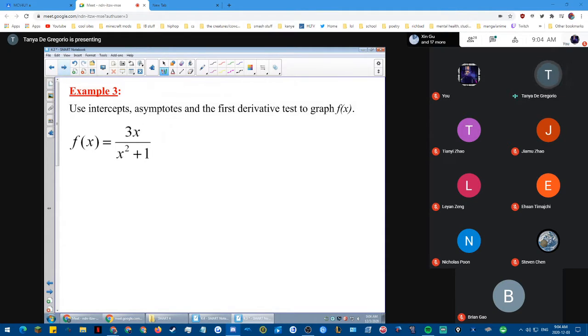Okay, so intercepts. We start there always. That's always our step 1. So, starting with intercepts. How do I find an x-intercept? Oh, you let y equal 0.